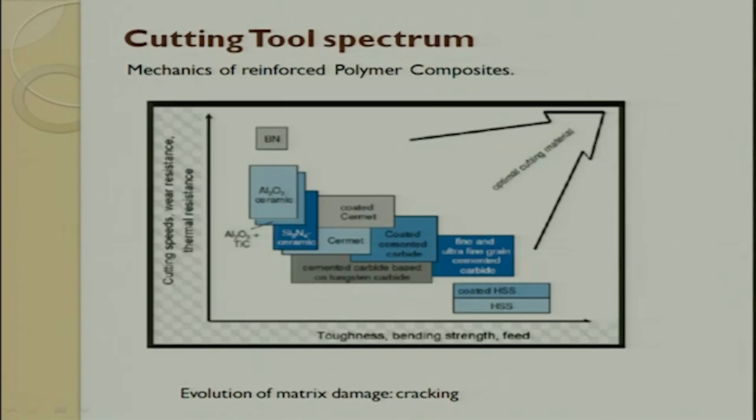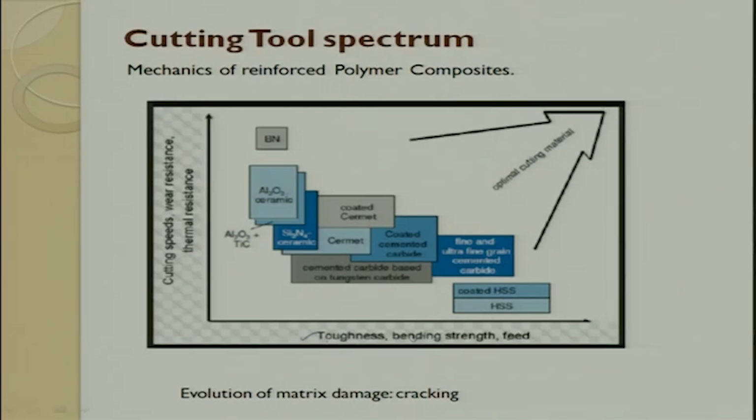So, here is the spectrum of tools which are available in cutting, if you have to choose a proper tool for getting better performance. As I told you, on the x axis you have toughness, bending strength and then feed.